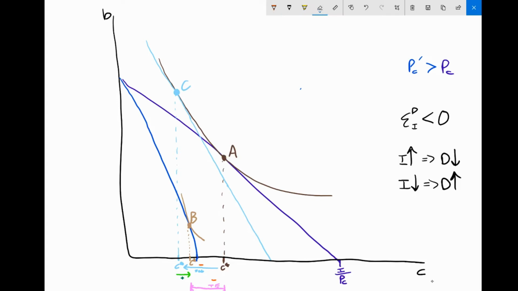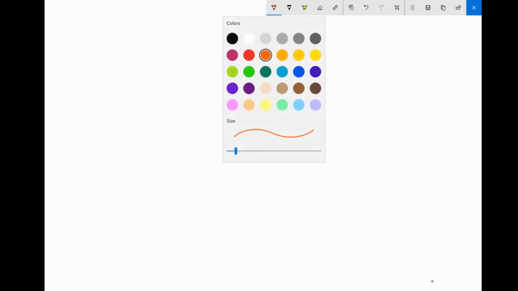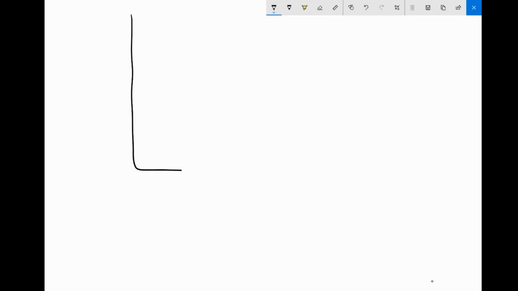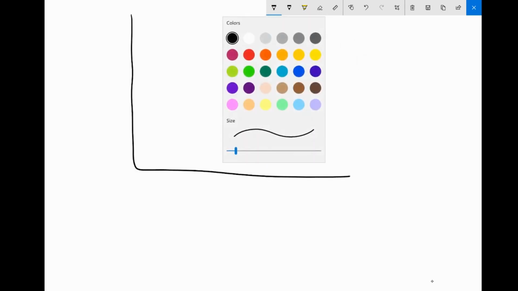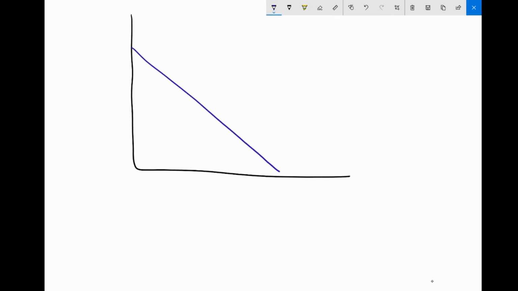Okay, this is actually a little bit difficult to see. I'm going to redraw this real quick, giving us more space. I'm not going to label a ton of things.